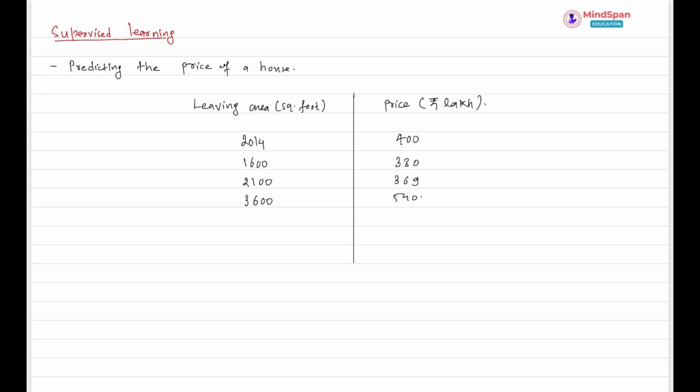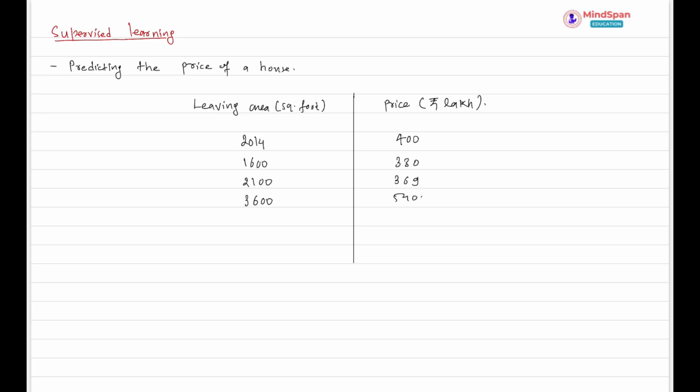Now if you look at this problem statement, predicting the price of a house, it should be clear that predicting house price is not something we can easily express with a simple formula, right? We cannot just write down an equation where we plug in these features of the house and immediately get the price, because the price depends on many factors.